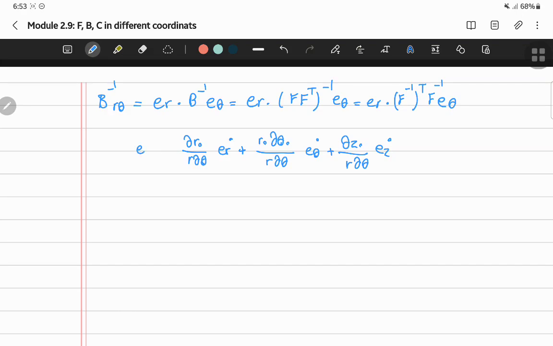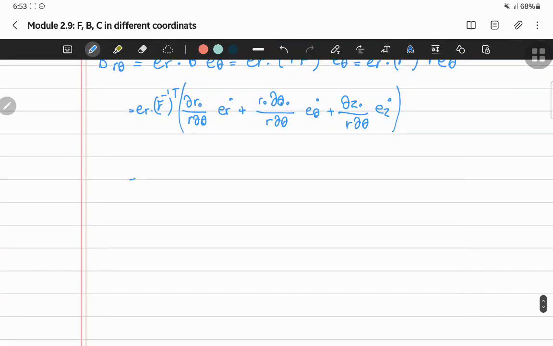So I have E is equal to ER dot F inverse transpose, this expression here. So I'm going to get ER dot, partial derivative of R0, R theta, then I have ER F inverse transpose ER0 plus R0 partial derivative theta 0 R ER dot F inverse transpose.